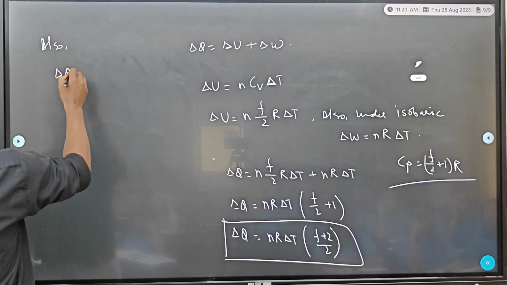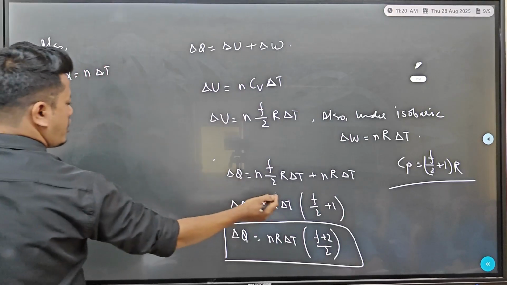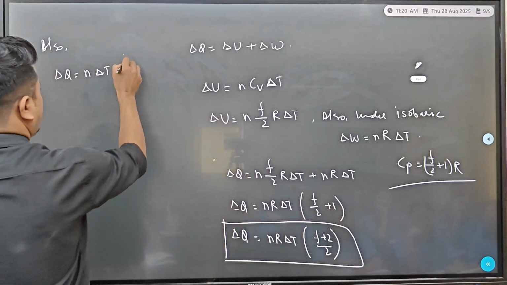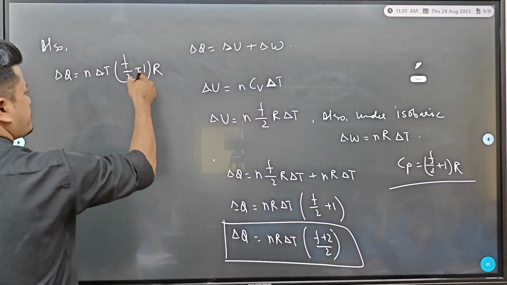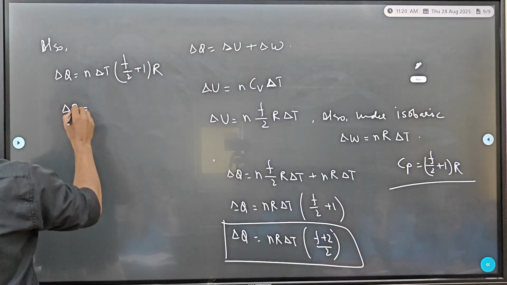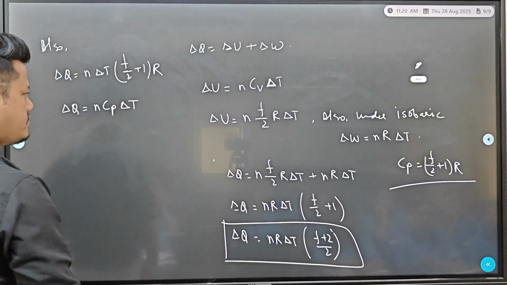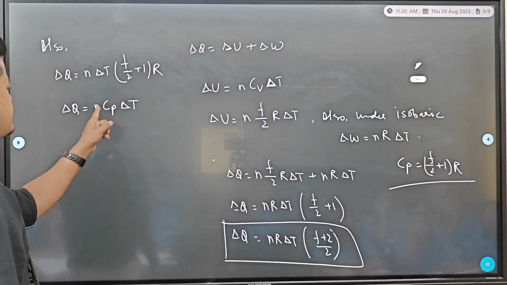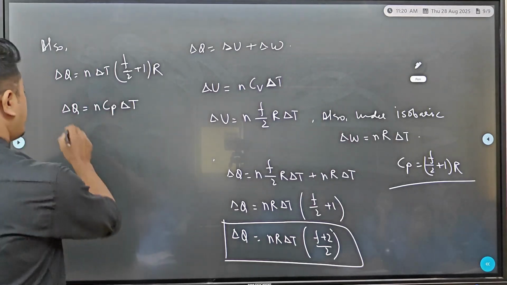I can write here del Q equal to n del T. Got it? If I take F by 2 plus 1 into R, then in place of this term, can I write Cp? So ultimately I got del Q is equal to n Cp del T. Understood or not? Del U was, now you got a new expression, okay?